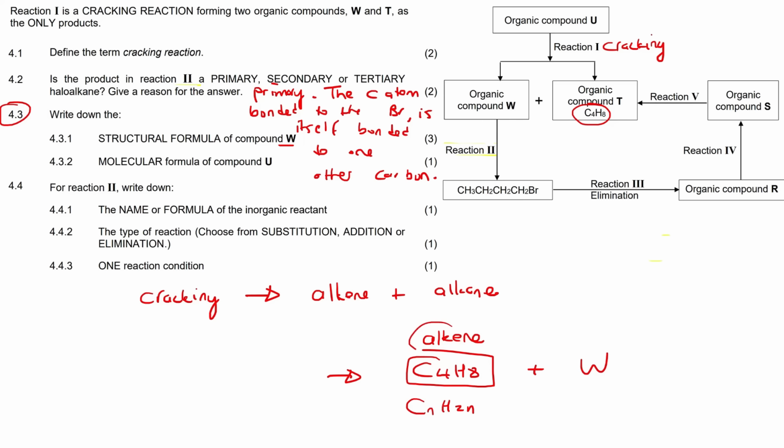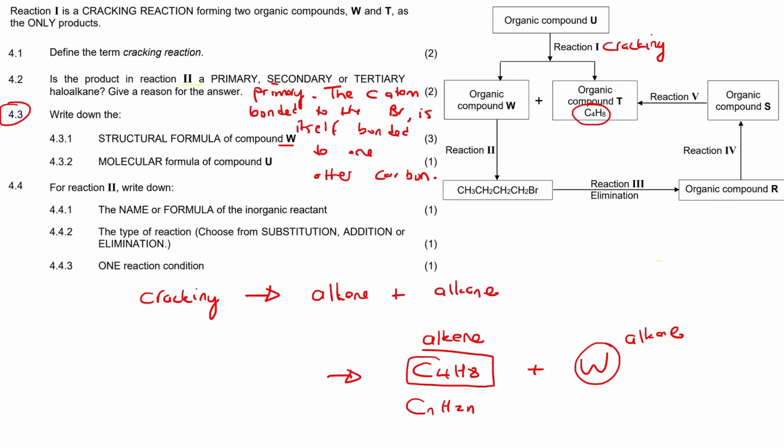If we already have the alkene over here, then this one would have to be an alkane. You're not going to get two alkene molecules when you crack. It's usually an alkene and then an alkane.